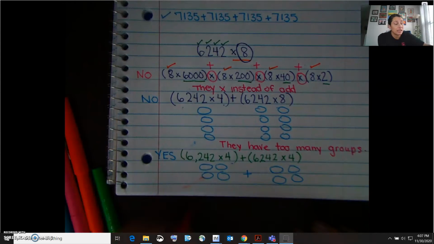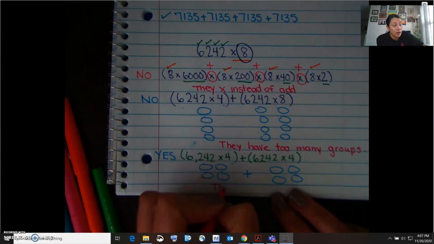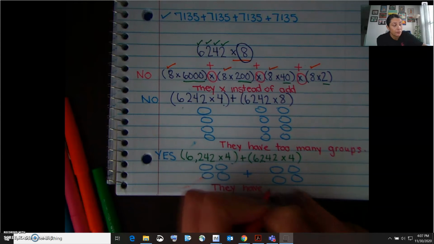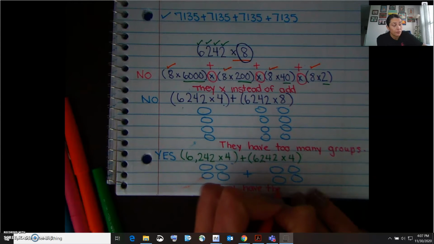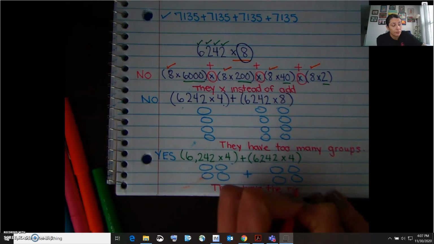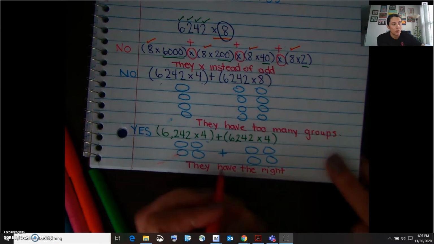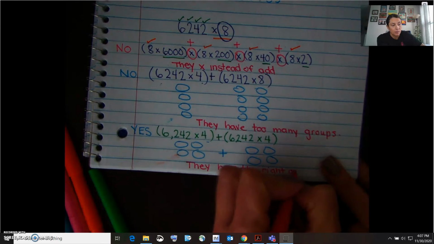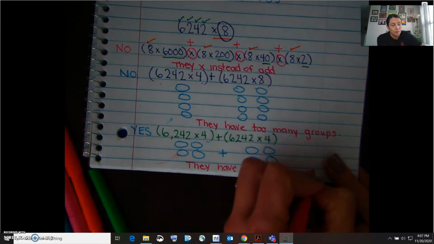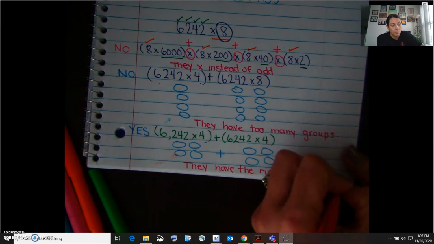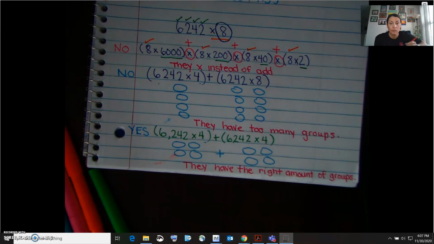And this one is correct, they have the right amount of groups. And that's why that one is correct. So this is why it's wrong, and this is why it's correct. Okay, so we'll be practicing that today during math.